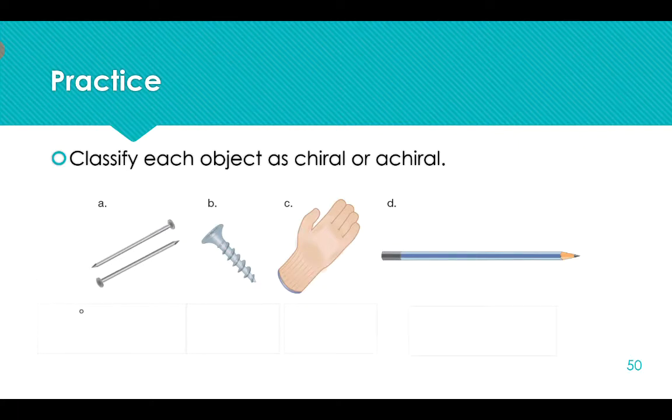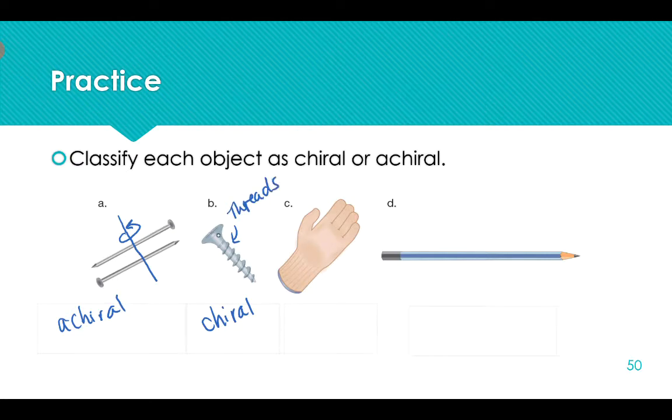Okay, so our nails are achiral. When you pick up a nail, you can rotate it about this axis and it would line up with its mirror image. So that's achiral. Screws, on the other hand, are chiral. And that has to do with the threading here.